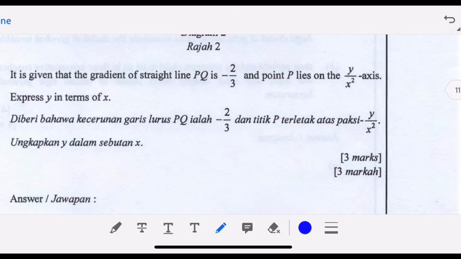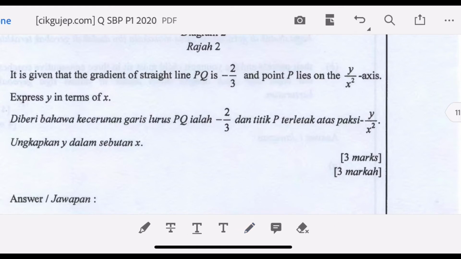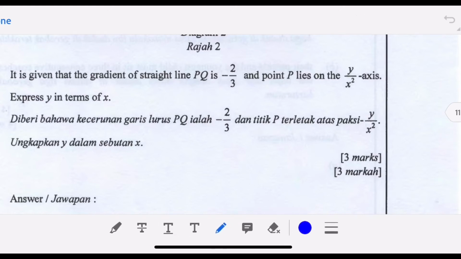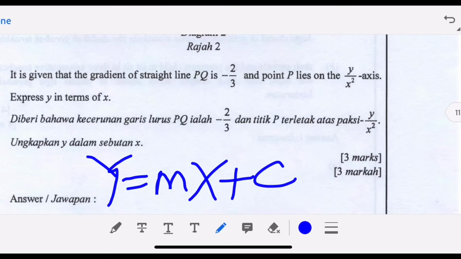Okay, this question is about the linear law, because they give you the gradient of the straight line, -2/3, and there's a point P that lies on the straight line. Then you're asked to express y in terms of x.